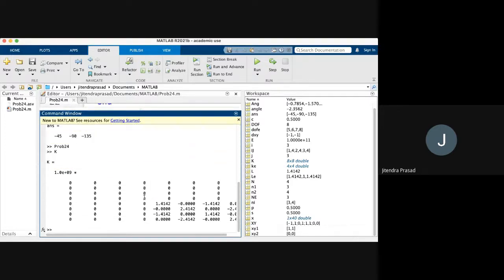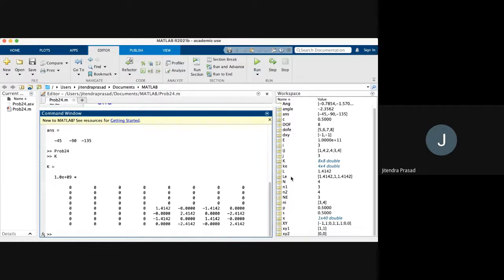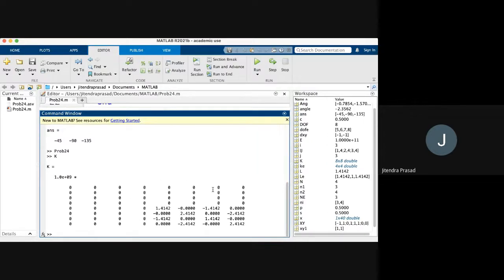So this is the K value. See, this is the stiffness matrix. Something is wrong, I think. How come a zero is coming? 1, 2, 3, 4.